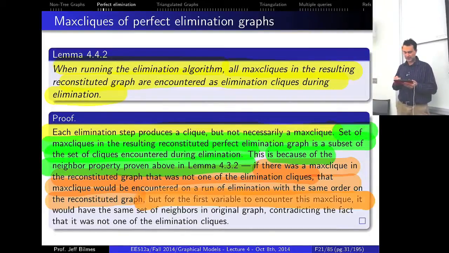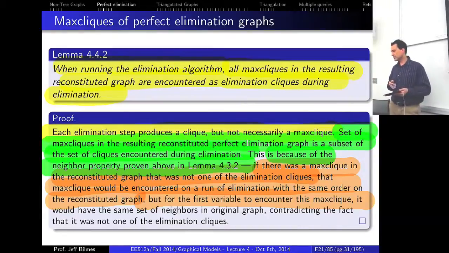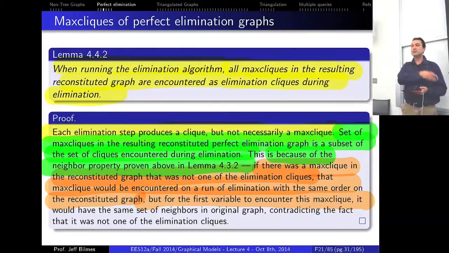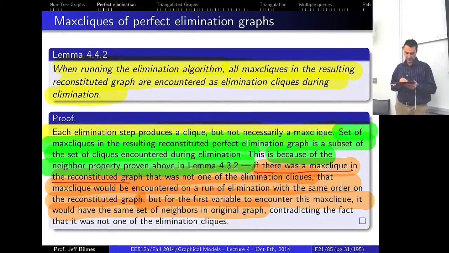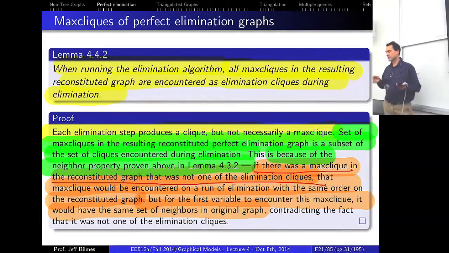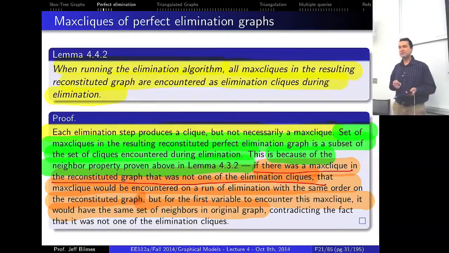Or all of the nodes of that max clique as a neighbor. But because of theorem 4.3.2, it has to have the same set of neighbors that it encountered in the original graph, which would contradict this fact. It would contradict the fact that a max clique in the reconstituted graph was not one of the elimination cliques. So therefore, it must be the case that all maximal cliques are encountered during the elimination process.